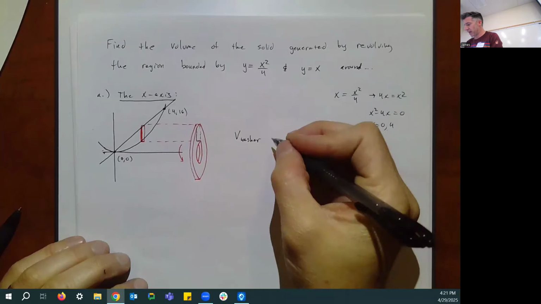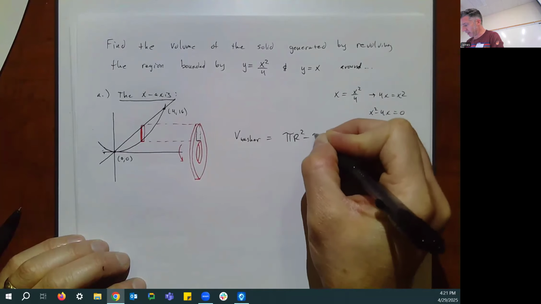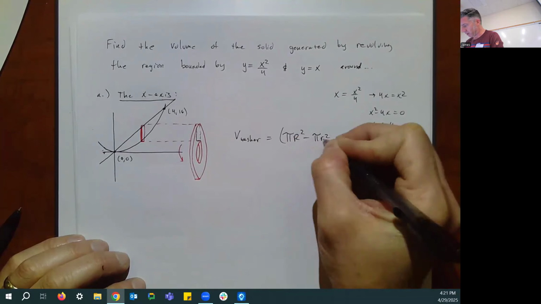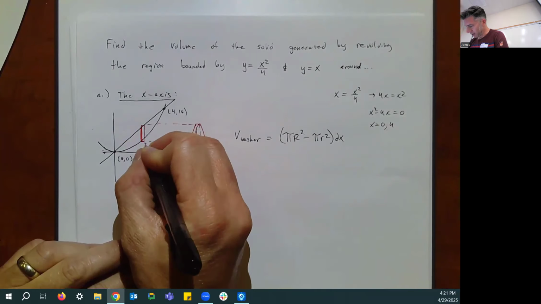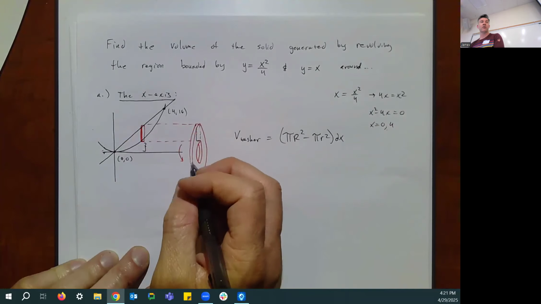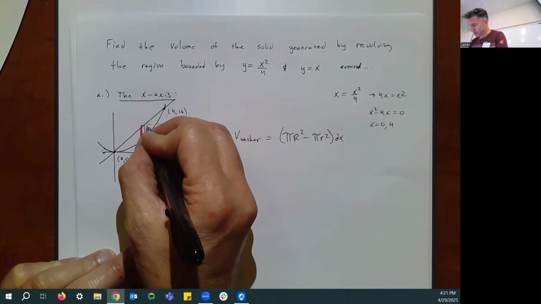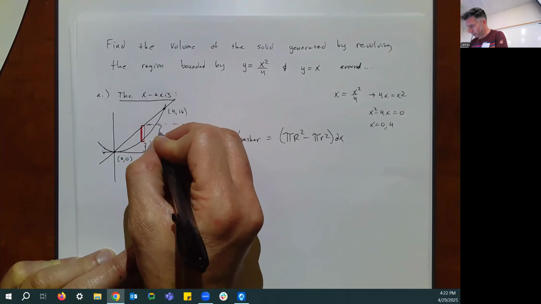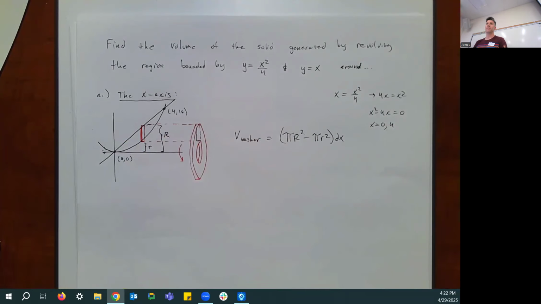So we usually write it as area of the big circle minus the area of the little circle, all times the thickness. Where the distance from your closer function to the axis of rotation is your little radius, and the distance to your larger function, or your further away function, from the axis of rotation is your big radius.